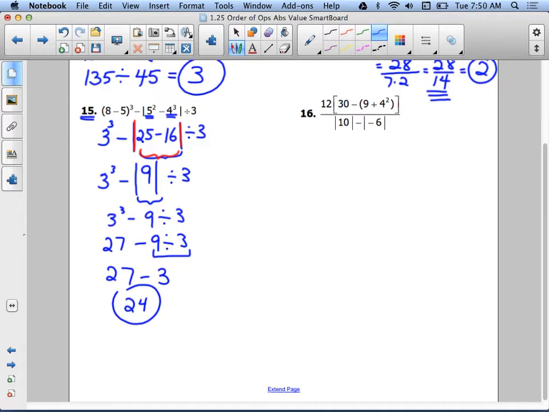Let's simplify the top. We'll start with the innermost parentheses, which are the 9 plus 4 squared. So we'll say 12 times the quantity 30 minus, and in these parentheses we need to start with the exponent because that's going to come before the addition. 9 plus 16.